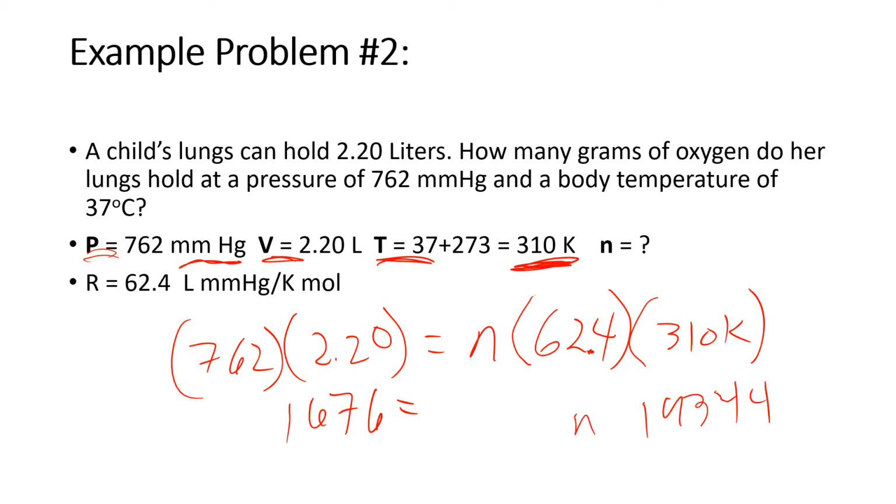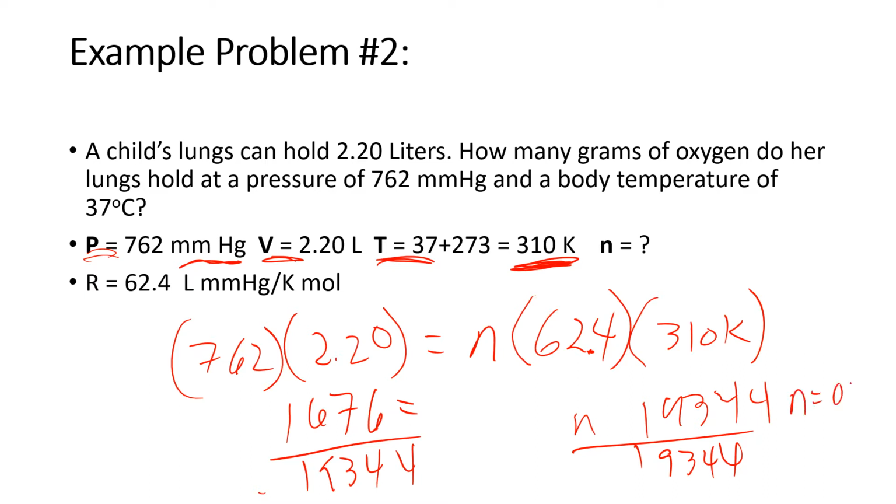To separate your n, we divide both sides by 19,344. 1676 divided by 19,344 is 0.086. So the answer is 0.086 moles.